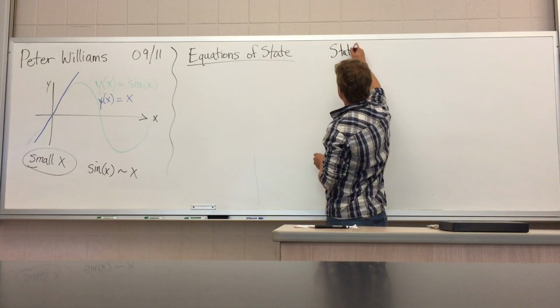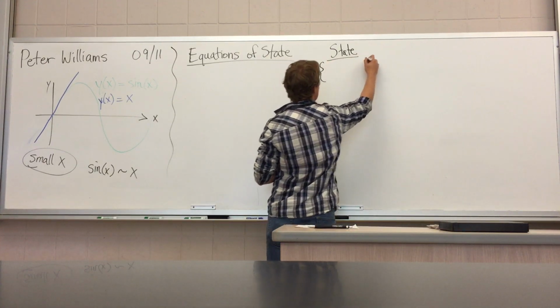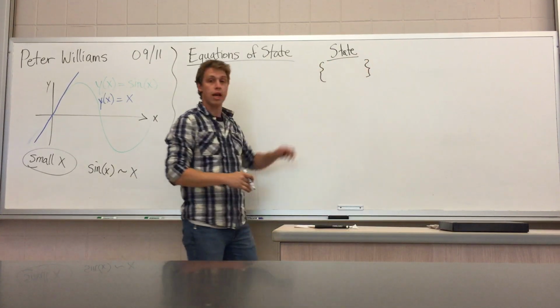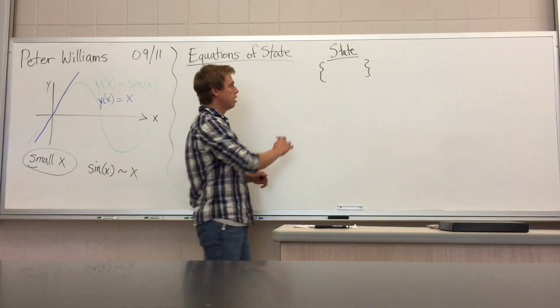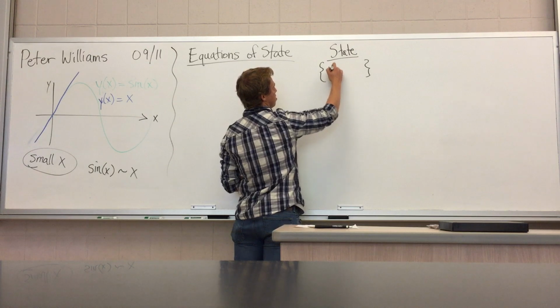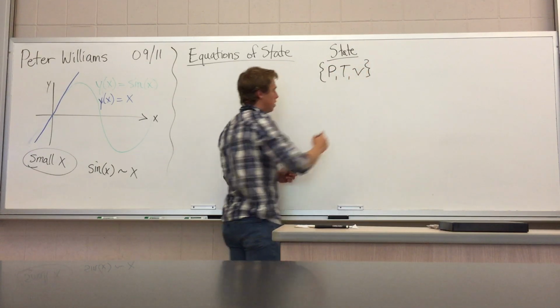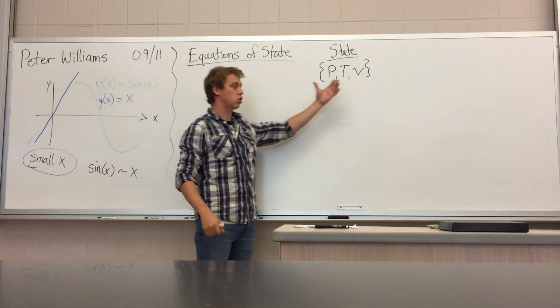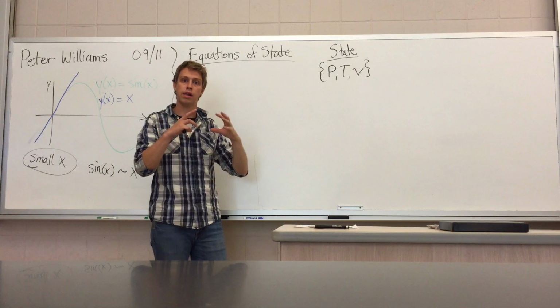A state is a collection. Remember, it's a collection of state properties. All right, we discussed what a property is. For instance, pressure, temperature, and specific volume are such properties that I might include in my state, in my collection.